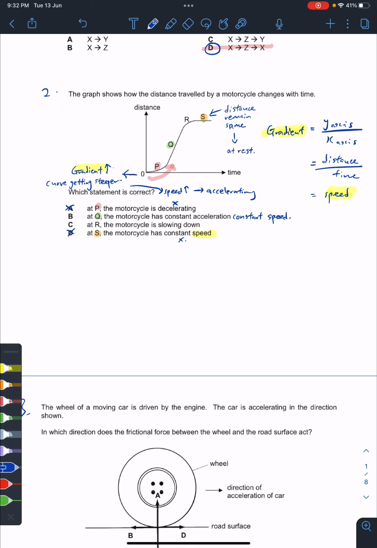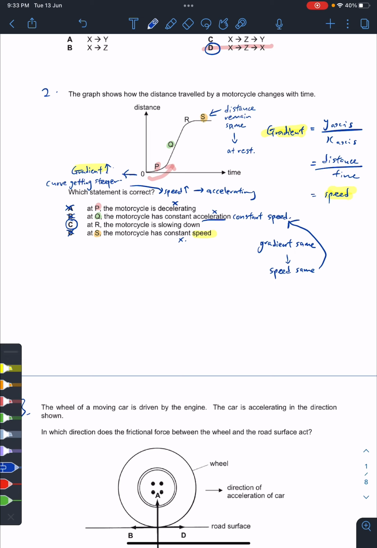Why? Your gradient is the same, isn't it? Gradient is the same because it's a straight line. Gradient same means speed same. Speed same is constant speed. It is not constant acceleration. Therefore, the answer is C.